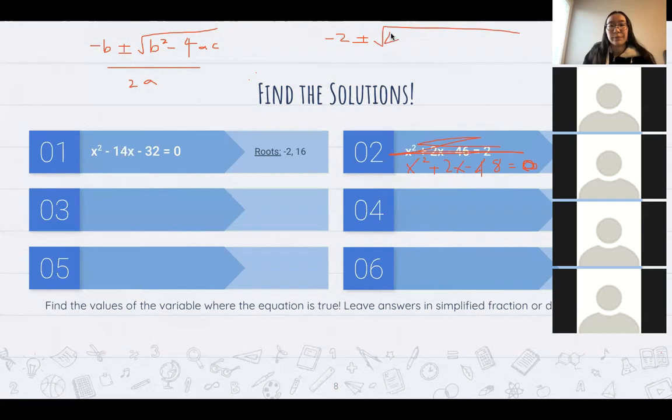B squared is 4 minus 4 times a, which is 1 here, times c. C is -48. And everything is over 2a. So since a equals 1, 2a is going to be 2. That was a very long line.